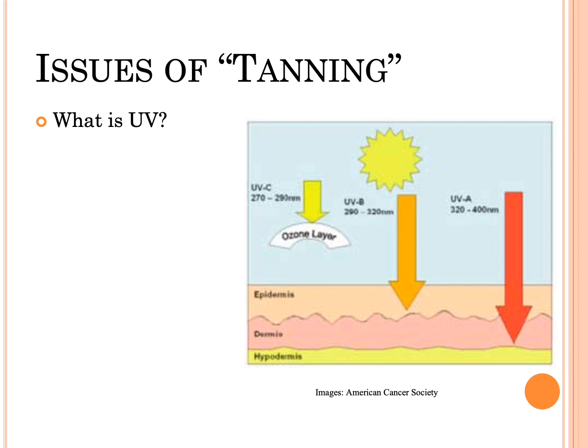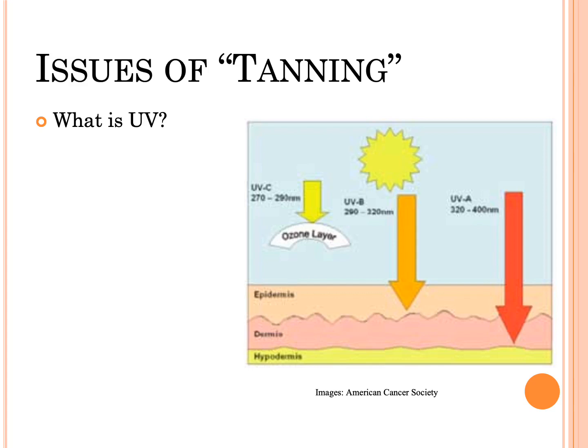Then we have UVB, and UVB has enough energy within it to get into the epidermis and get down into around the basale region of the stratums. This is deep enough in order to trigger melanocyte activity and provide for a tanning effect.